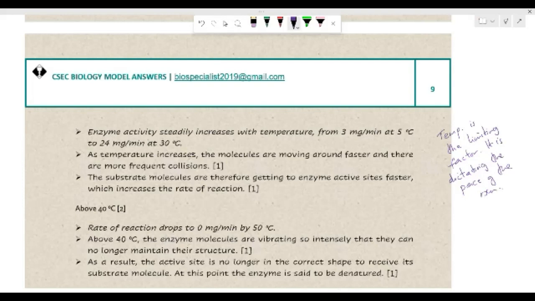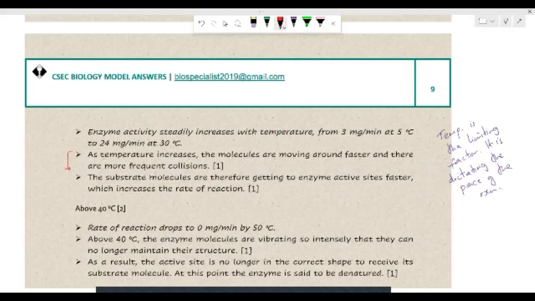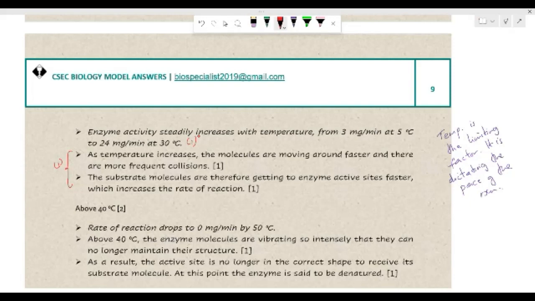Now, ideally, I know I put 1 mark here, but this actually could just be 1 mark, and this could be 1 mark. So it can go in one of 2 directions. But I still strongly suggest that you open with some kind of a description of what's happening and quote some data. All right.